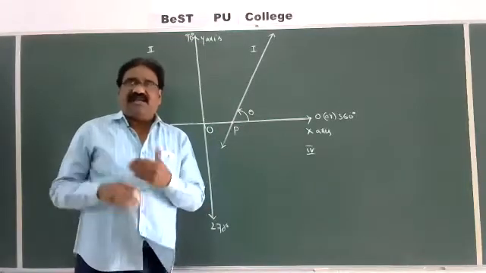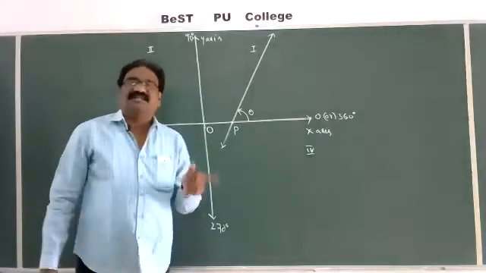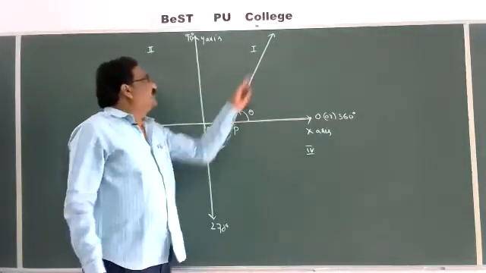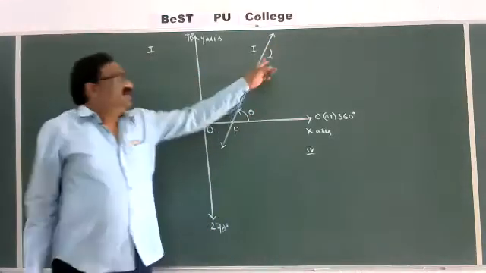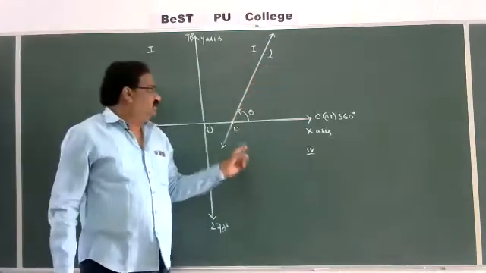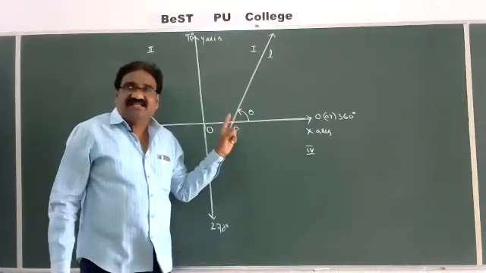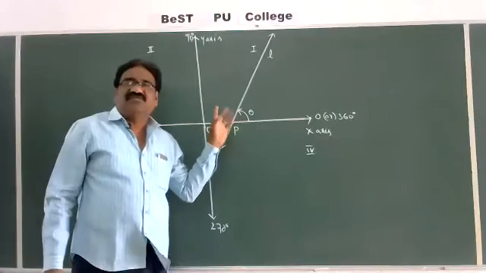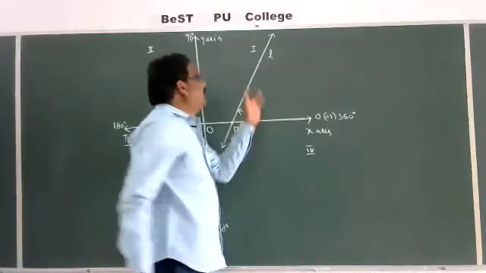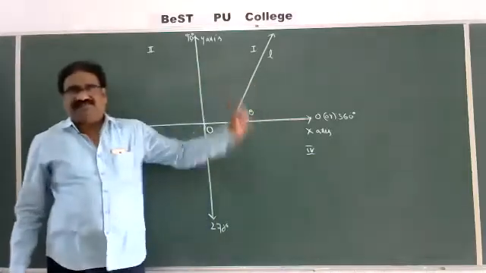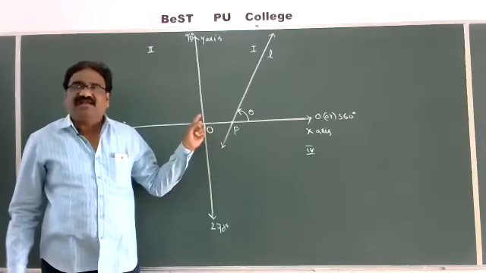So L is any straight line. It makes an angle theta in the positive direction, that is in the anti-clockwise direction of the x-axis. Then this theta is called the inclination of the line.